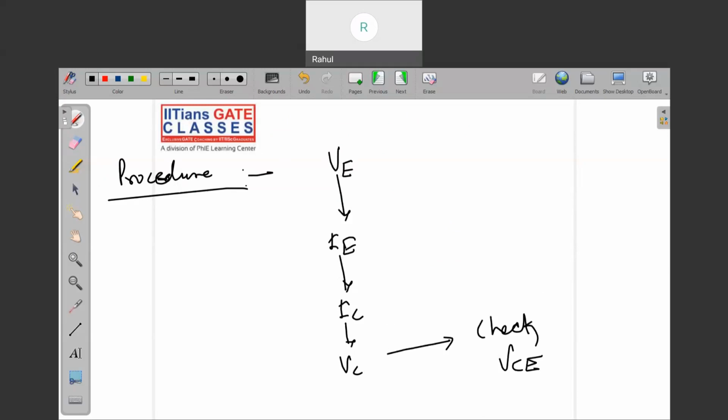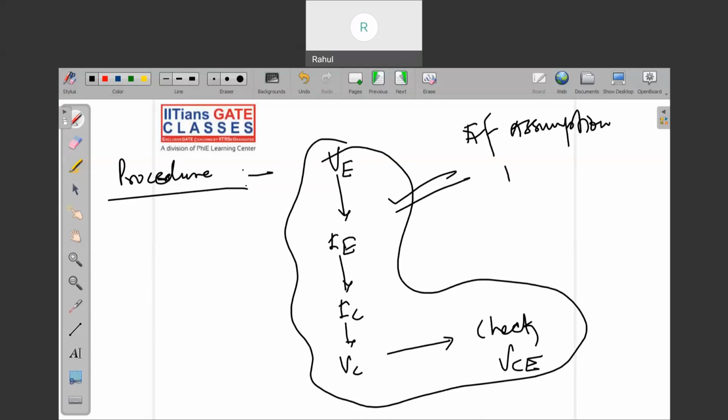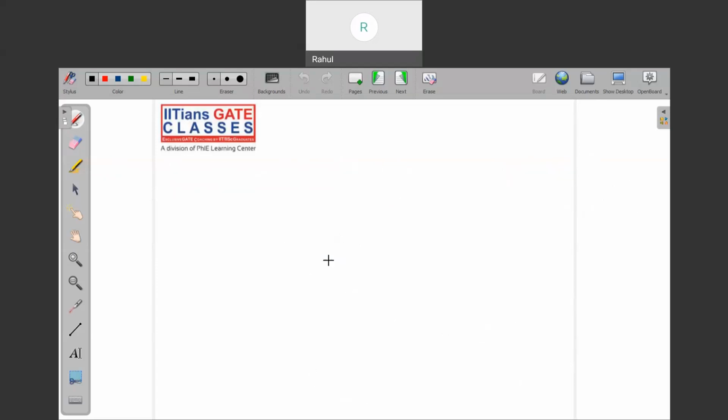This is the roadmap you have to follow always, if the assumption is active region. We'll take one problem and you will understand.